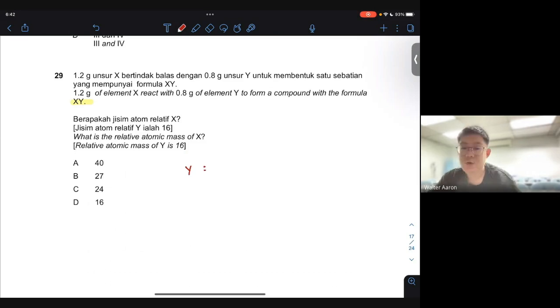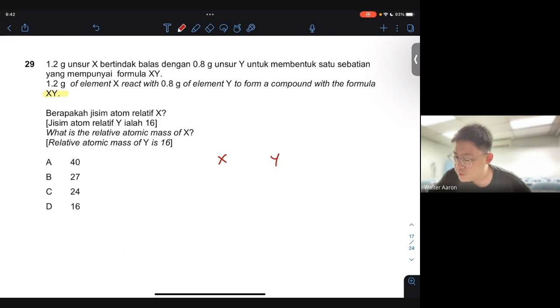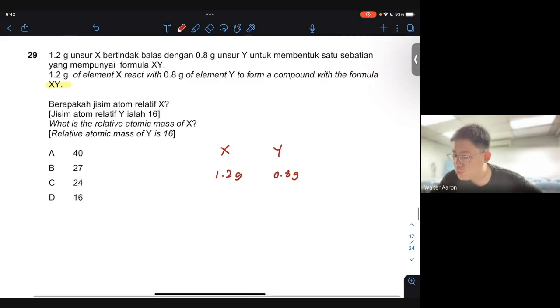So we have X and Y. For number 29, 1.2 grams is X and 0.8 grams is Y. We're going to see what the ratio of the two is.